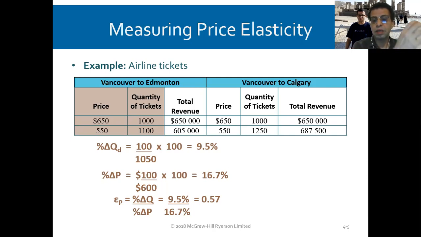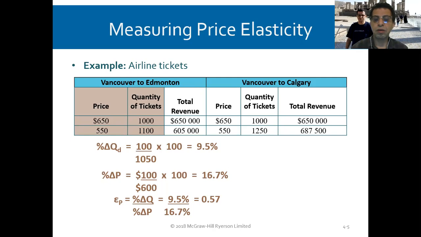It's the same effect with, say, travel from Vancouver to Calgary, as the price goes down from 650 to 600. Here you see there is 250 extra quantity demanded. In other words, from 1,000 it jumps to 1,250, but from Vancouver to Edmonton it jumps from 1,000 to 1,100. And that's because of the difference in elasticity, okay?